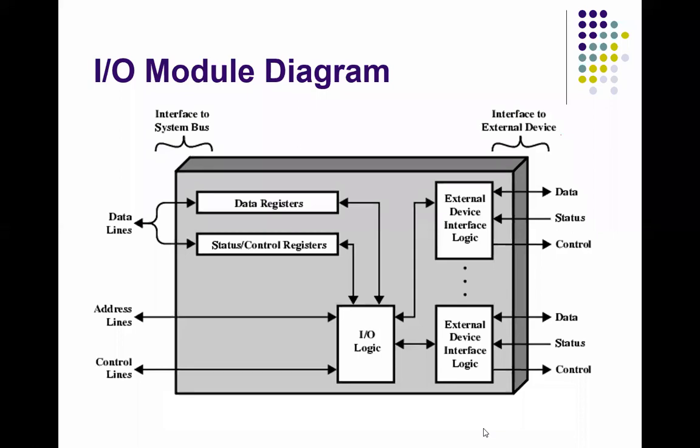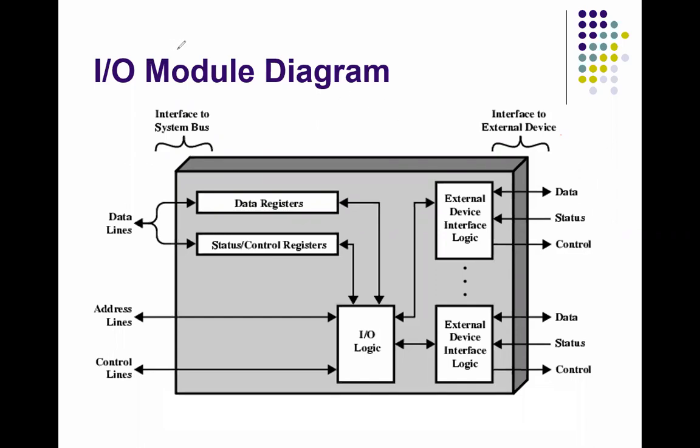We can transfer data with the help of analog signals and digital signals, but here we are using a digital signal for the data transmission. So: parallel data transfer and serial data transfer.